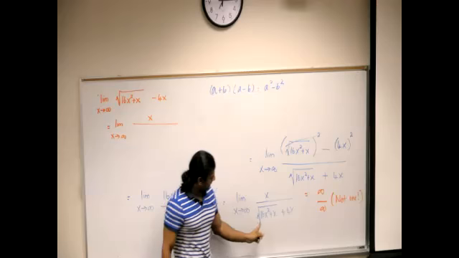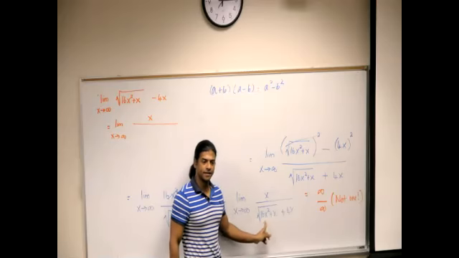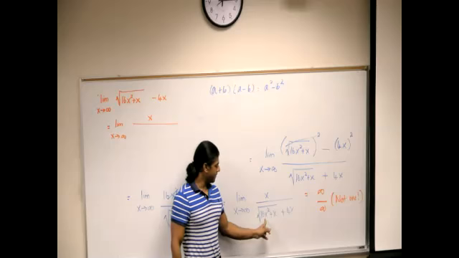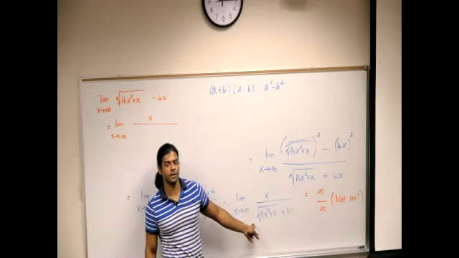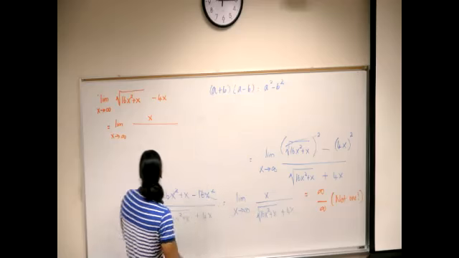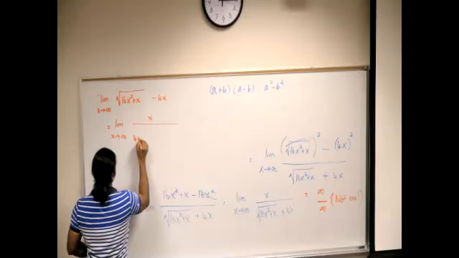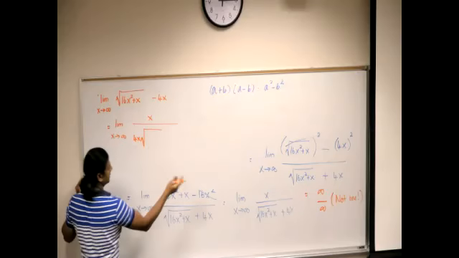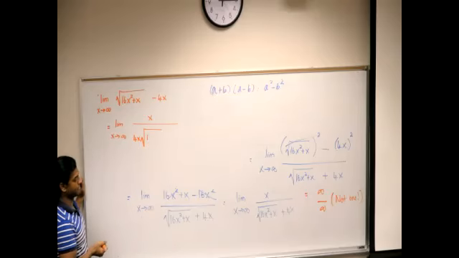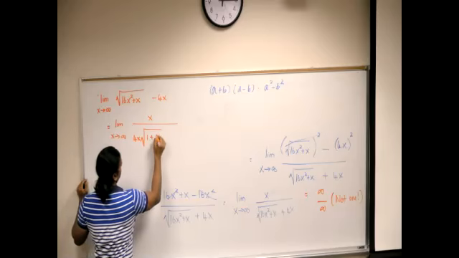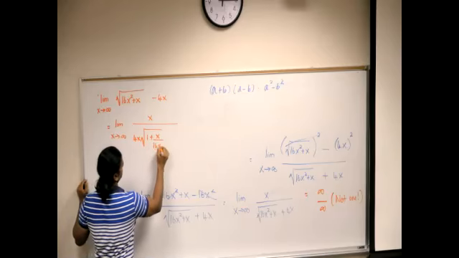So I have 16x squared here, correct? If I pull 16x squared out of the root, what would I get? 4x. So 4x. I took out 16x squared, so that would just be 1 plus x over 16x squared.